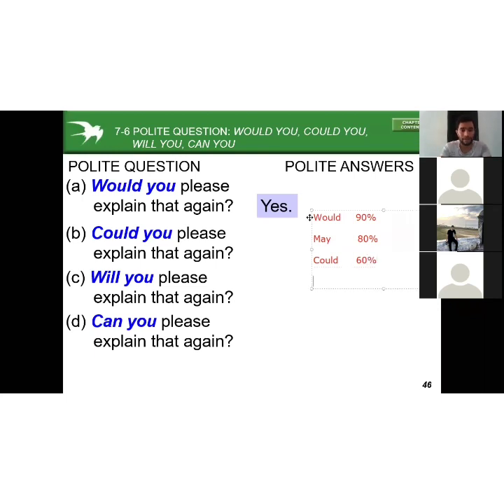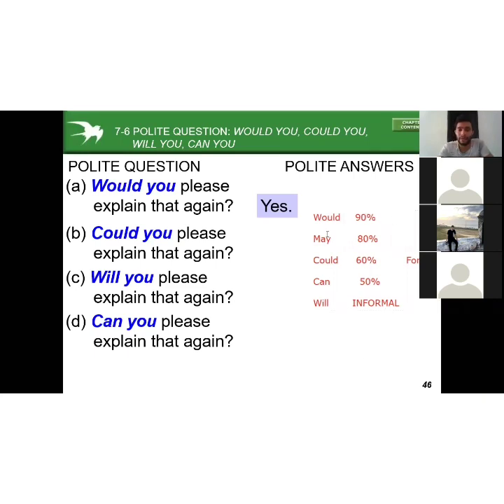Then we got can, that is like the 50, I had said it too. And finally, we have will, guys, I'm not going to give it any percentage. I'm just going to say that it is for informal, all right? So the rest of this, I'm going to call formality.